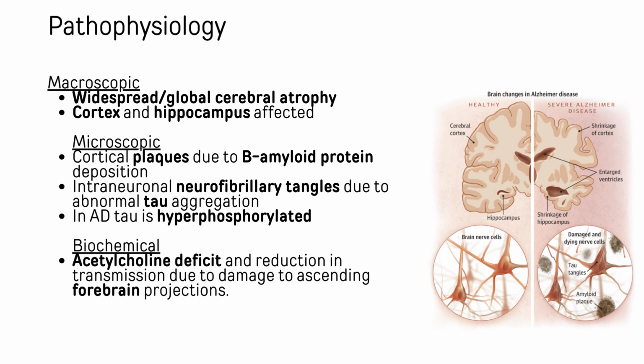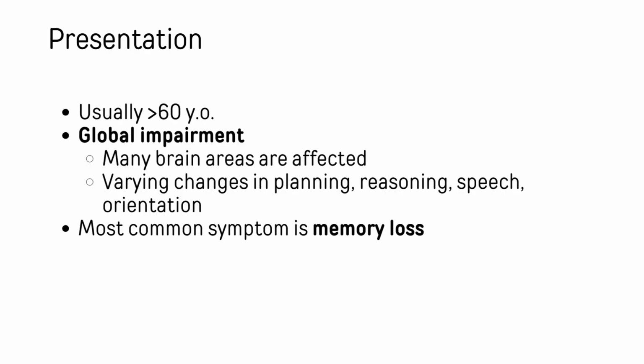In terms of the biochemical changes, you'll have acetylcholine deficits, and there's a reduced transmission of the acetylcholine neurotransmitters, and this reduces the transmission of information throughout the neurons and causes the death of brain cells, which results in cognitive deficits.